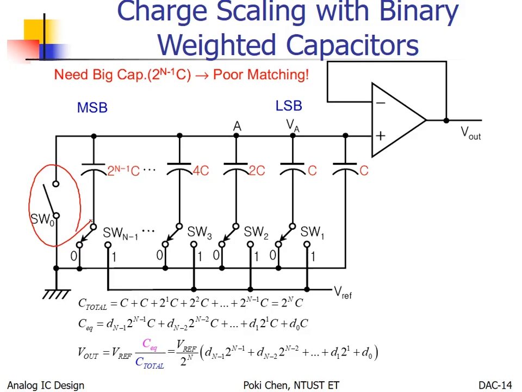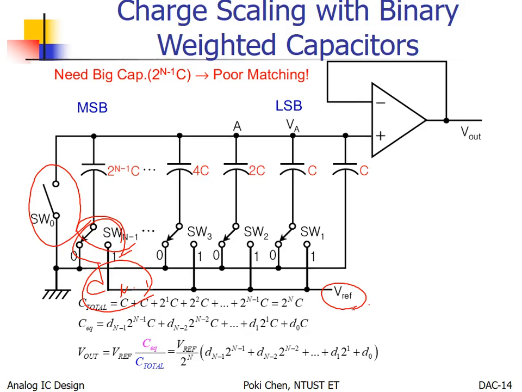And then, for all those capacitors with the corresponding control bit, if it is 1, it means the switch will be changed from ground to reference.